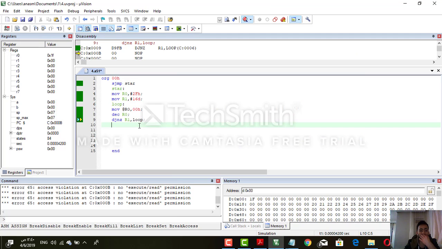The highest one is 2f hex, and move here the counter, how many times, also to R1. Okay.